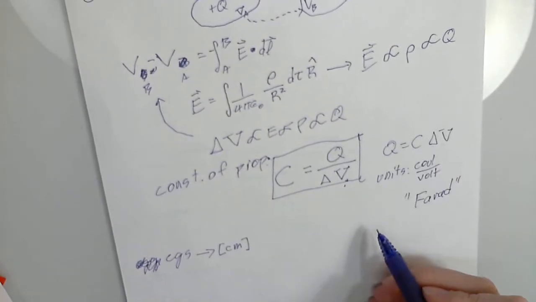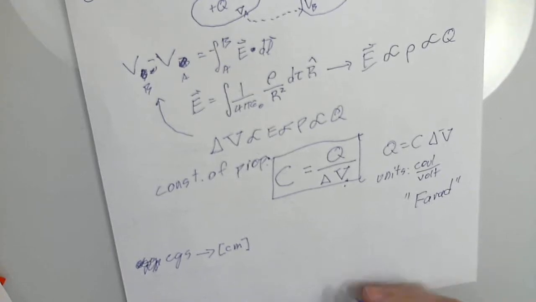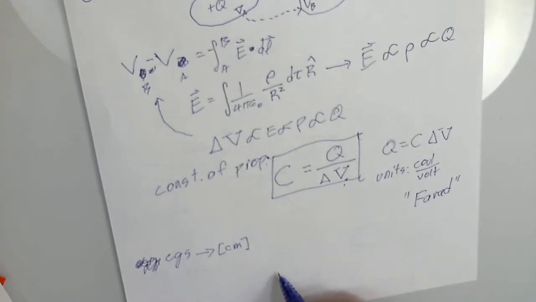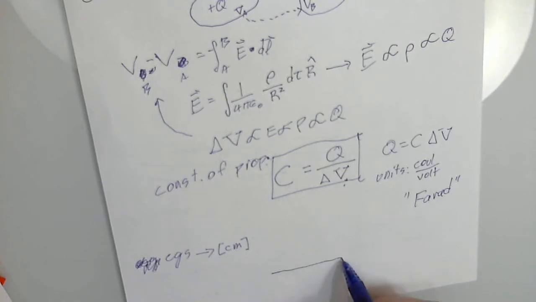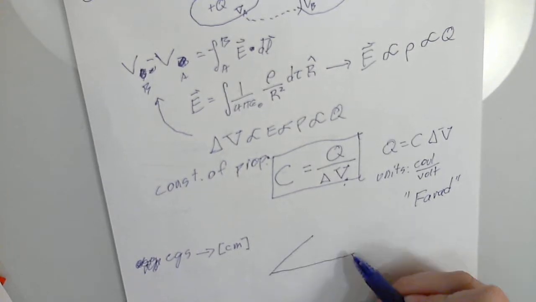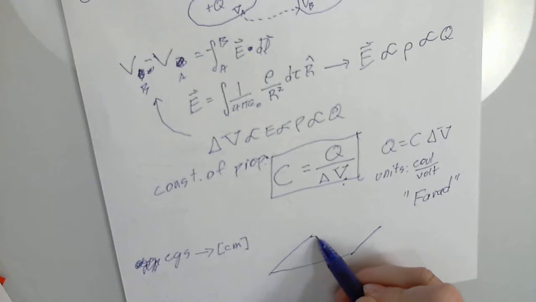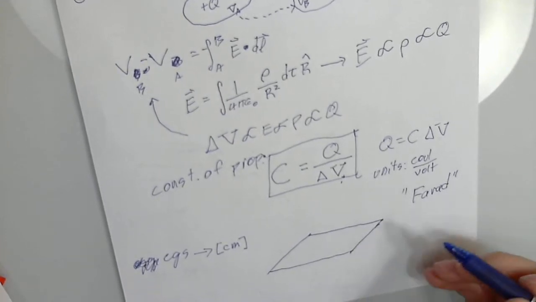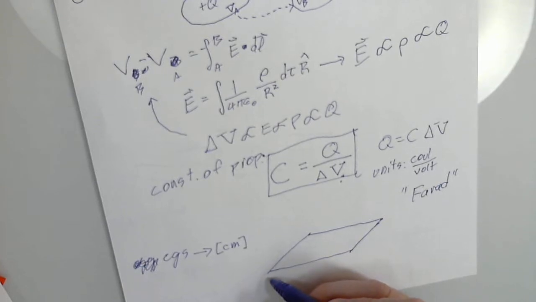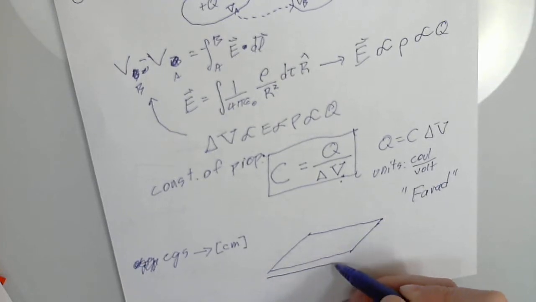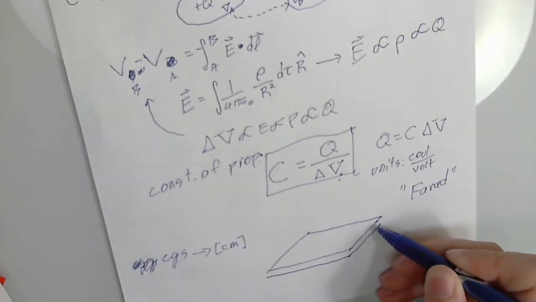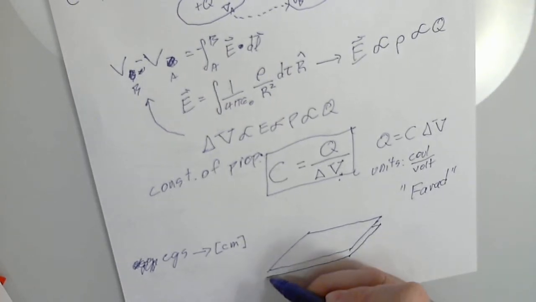Now, one common kind of capacitor, one that you meet almost every day, and a particularly good way to build capacitors, is to have a big flat sheet of metal, as wide and as thin as possible, and as close to it as you can possibly get, you have a second metal sheet, which I'm going to draw like this.